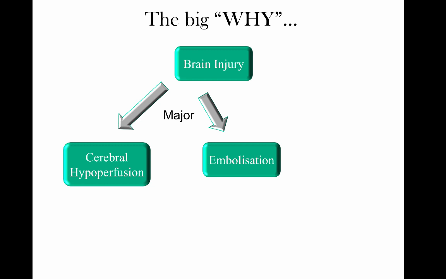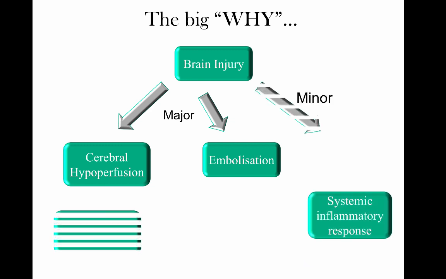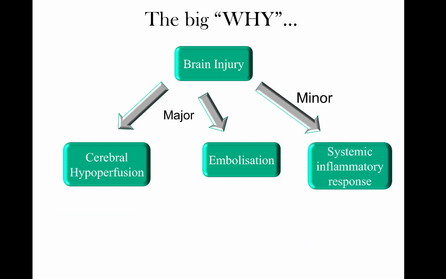Is the brain injury from embolic phenomenon? Is it microemboli from the pump? Or is it cerebral hypoperfusion? Is the brain just not getting enough oxygen? Or is it some effect of the foreign surface contact causing a systemic inflammatory response?